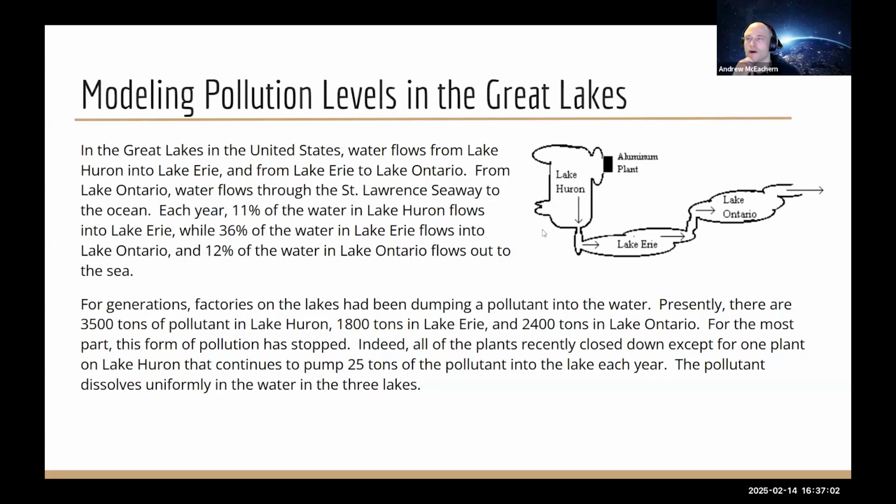Or maybe I'm missing something. Yeah, this is a really good start. We know that initially there's 3,500 in there, but we're modeling the change in pollution levels, so we wouldn't want to have the 3,500 incorporated. But we are gaining 25 every year, flat. What else?